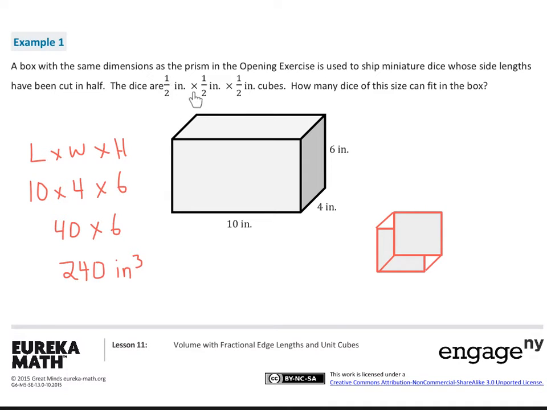What would 1/2 times 1/2 times 1/2 be? Right, it'd be 1/8, right? That's a 2 cubed in the denominator. So it's actually 1/8 the size. Every one of those half by half by half dice is 1/8 the size of one of these.